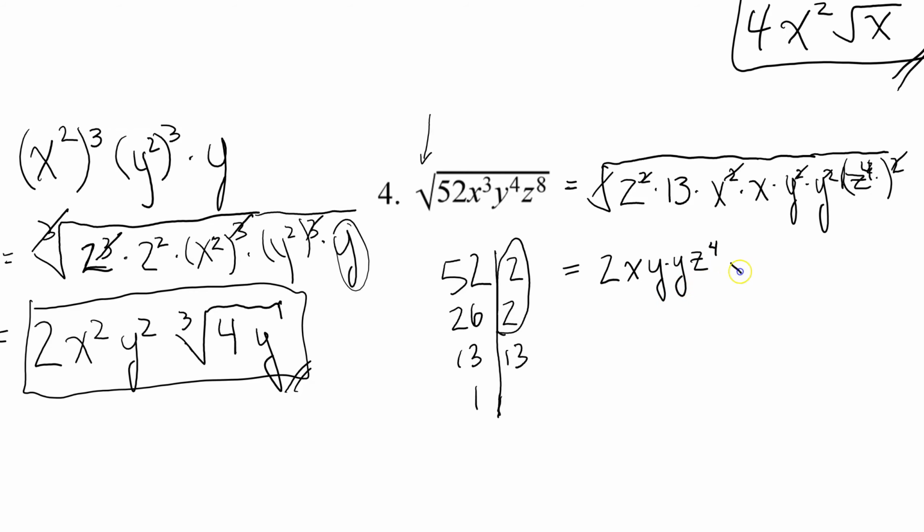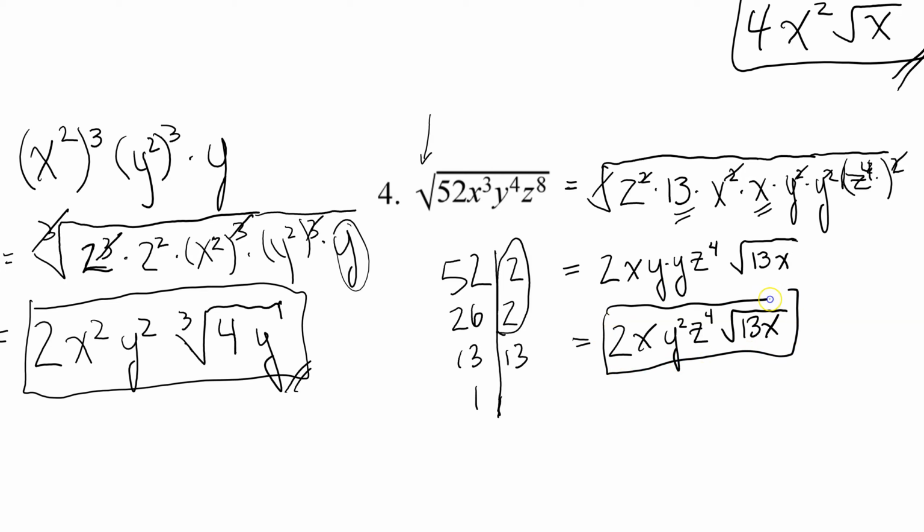And then under the radical, we still have 13 and an x. So we want to multiply everything out. 2 times x, y times y is y squared, z to the 4th, and then we have the square root of 13x. And this would be the simplified form of that radical up above.